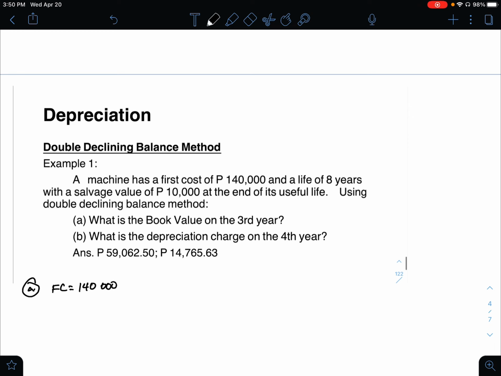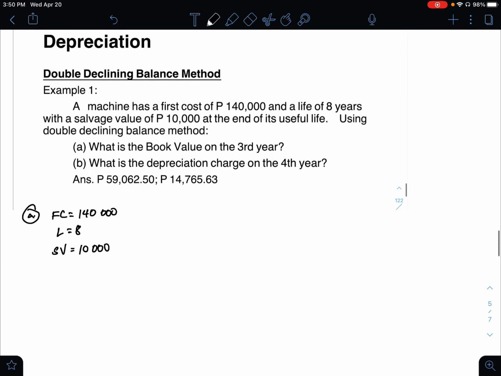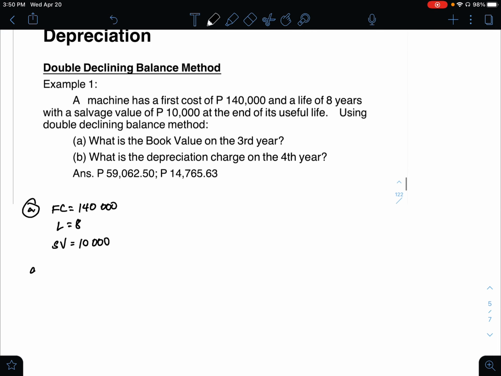Its life is 8 years, so that is L. With a salvage value of 10,000 pesos. Okay? What is being asked is the book value on the third year. So that is BV at 3. BV3 is what we are looking for.